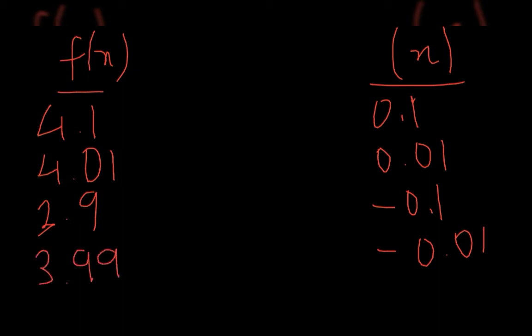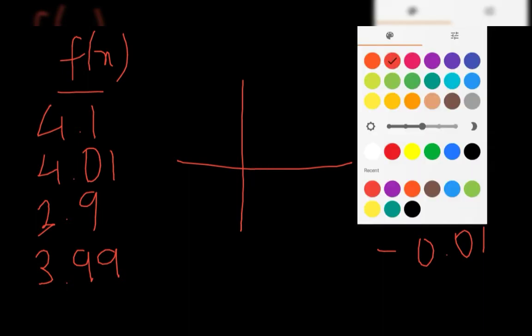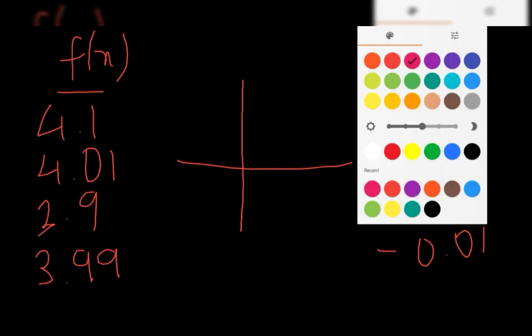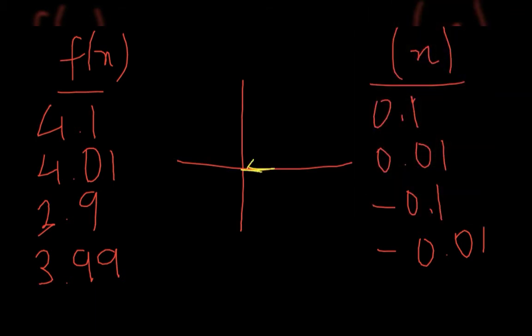As you can see now, if this is the graph, as we are converging x towards 0, y is also getting converged at y equal to 4. You can see that clearly. See, it is getting closer to 4.